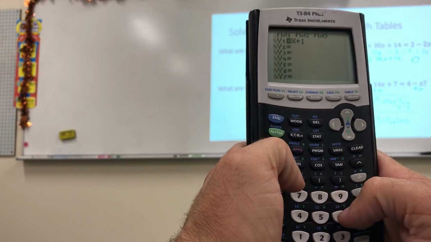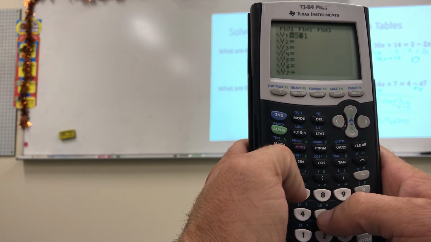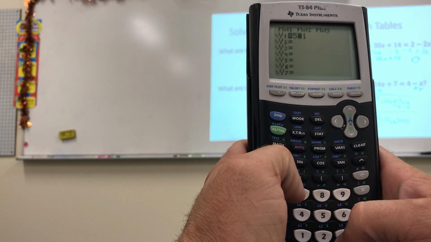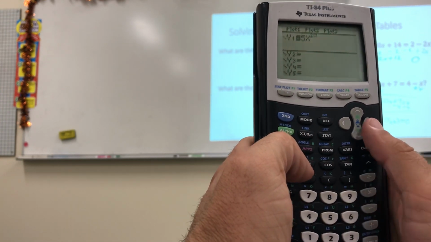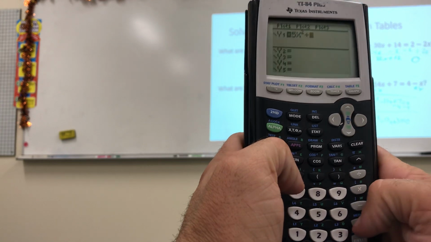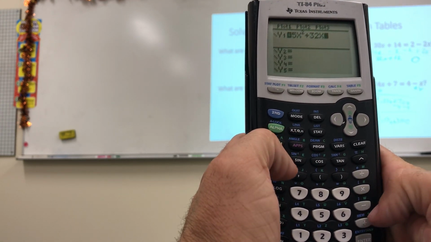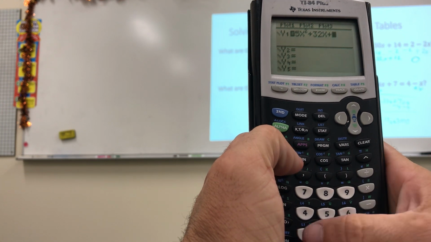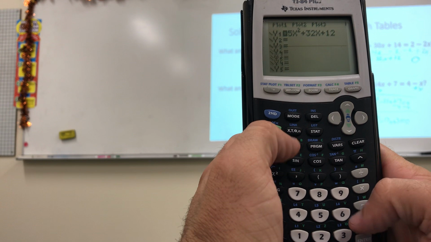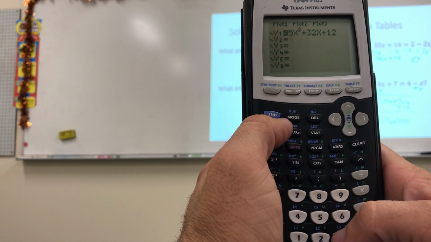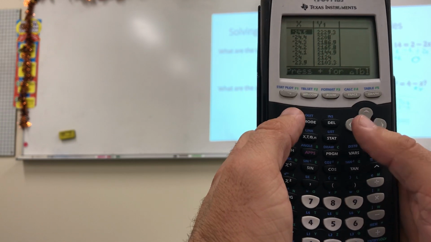I am going to put in the 5x raised to the second plus 32x plus 12 and hit enter. Then I'm going to go second table, which is on the graph button here.